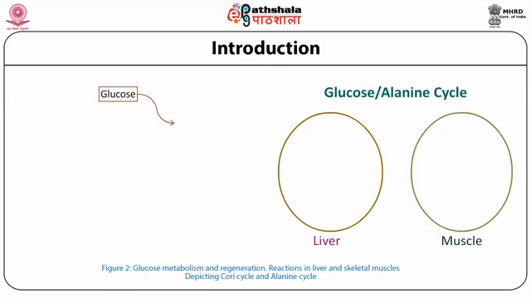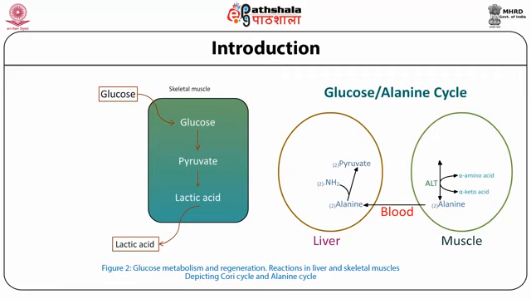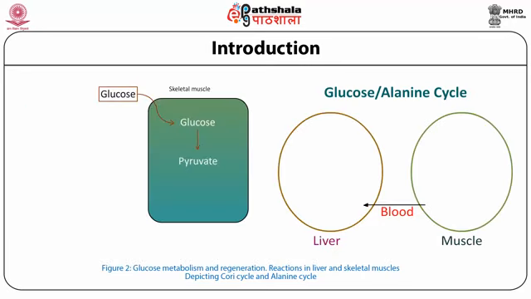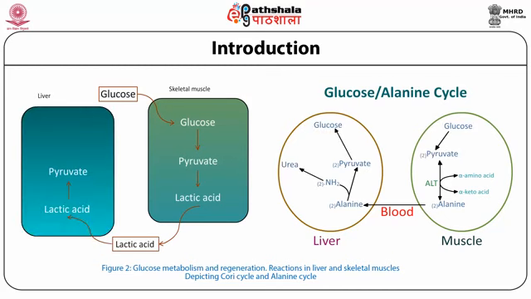This figure shows glucose metabolism and regeneration reactions in liver and skeletal muscles, depicting the Cori cycle and alanine cycle.